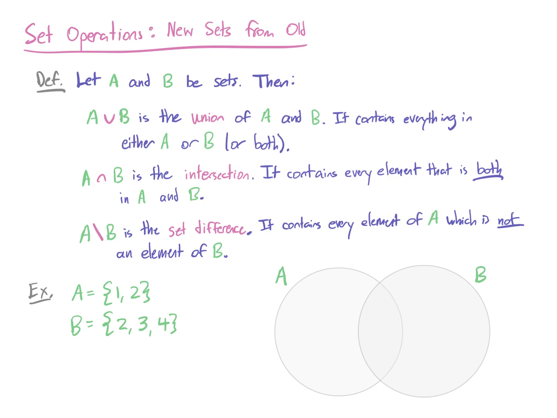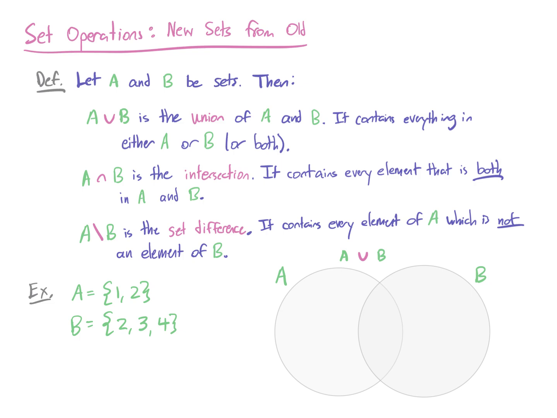Let's start with the union. So remember that I write the union A union B. And if I think about the union, well, I need to be in A or B or both. Everything in A or B or both.